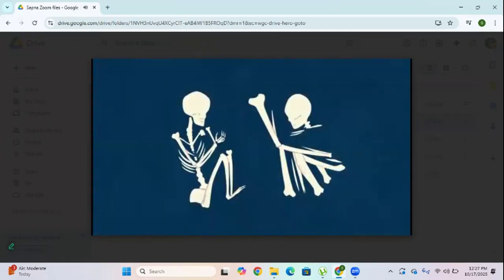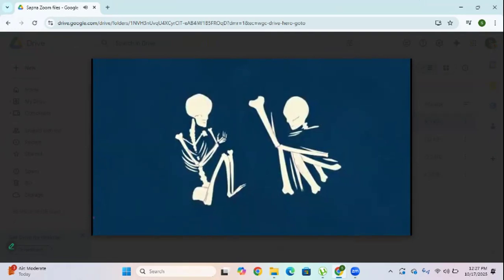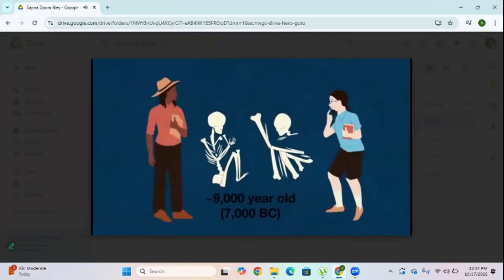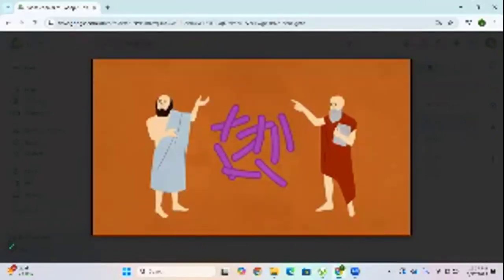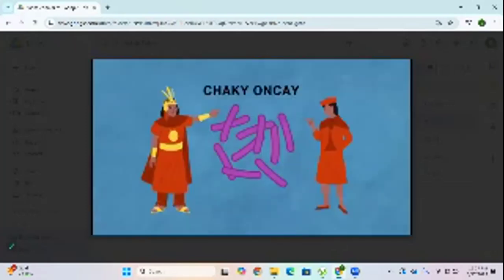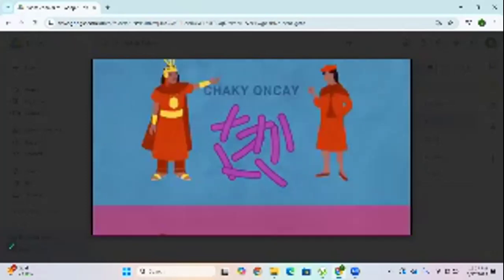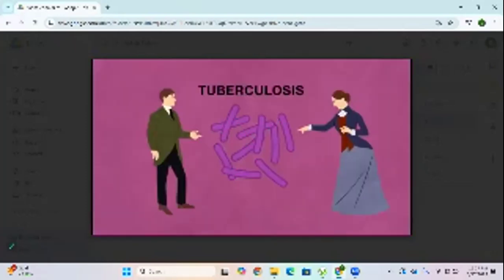In 2008, archaeologists uncovered two 9,000-year-old skeletons. There's no definitive way of knowing what killed these ancient people, but we do know their bones were infected by an all too familiar bacterium. The ancient Greeks knew its consumptive effects as phthisis. The Incans called it chaki-onke, and the English called it tuberculosis.